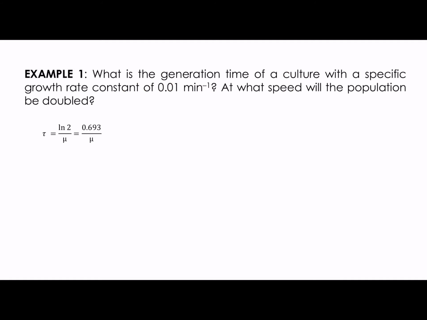Example 1 says, what is the generation time of a culture with, and remember we said culture is the same thing as microbial cells. What is the generation time? So what you're looking for is tau. We use that formula with a specific growth rate constant of 0.01 per minute.